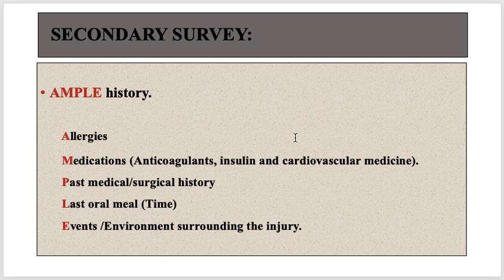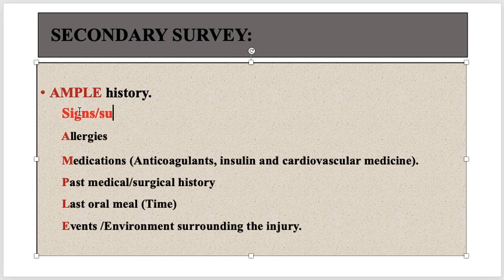Then comes of course the secondary survey, and in the secondary survey, you can take an ample history. By the way, how do I remember this? As SAMPLE. If you want to put an S over here, make it SAMPLE. S is for signs and symptoms, so you can ask what the patient is having right now.